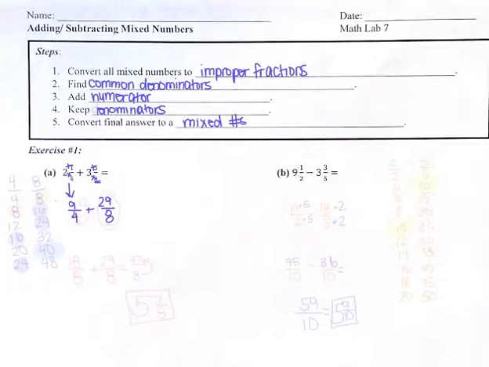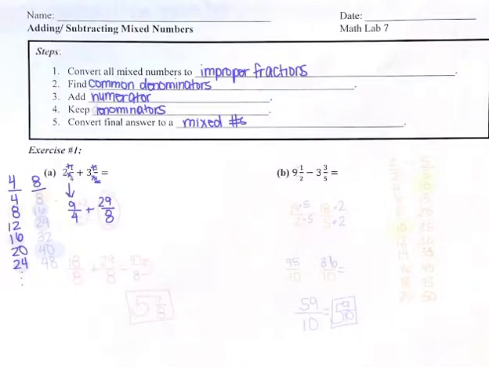Now what we want to do is find our common denominator. Our denominators here are 4 and 8. To find the common denominator, we want to list the multiples of each denominator. The multiples of 4 are 4, 8, 12, 16, 20, 24, and you can keep going forever.